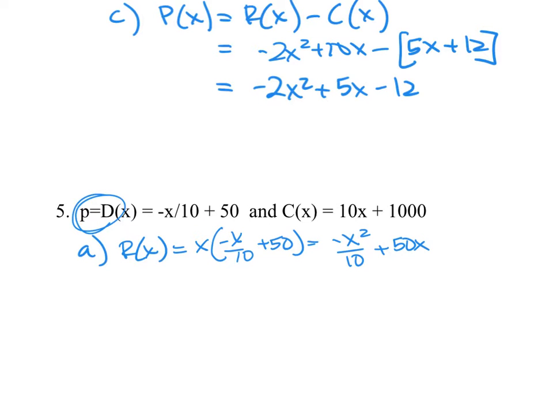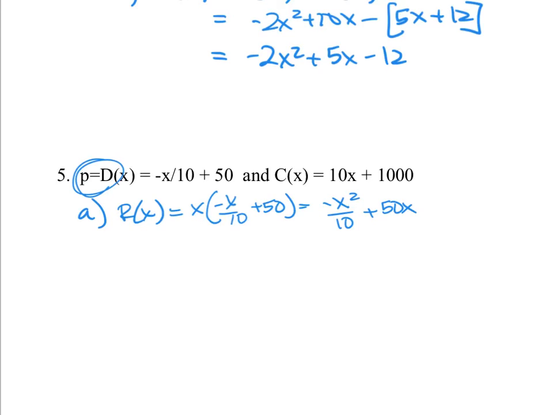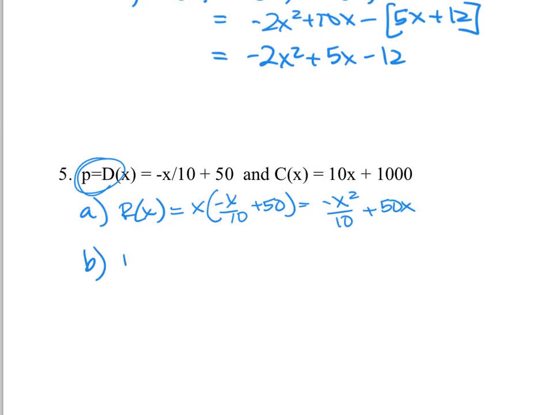So the next thing we are going to figure out is the maximum revenue. We need the negative b over 2 times a. A in this case is the negative 1/10. We end up with 250.